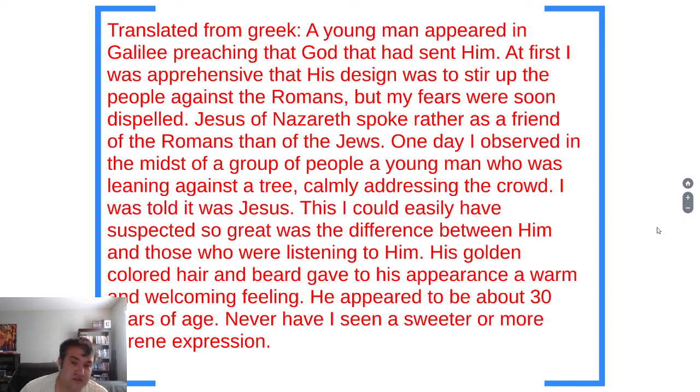One day I observed in the midst of a group of people a young man who was leaning against a tree, calmly addressing the crowd. I was told it was Jesus. This I could have easily suspected, so great was the difference between him and those who were listening to him. His golden-colored hair and beard gave to his appearance a warm and welcoming feeling. He appeared to be about 30 years of age. Never have I seen a sweeter or more serene expression."